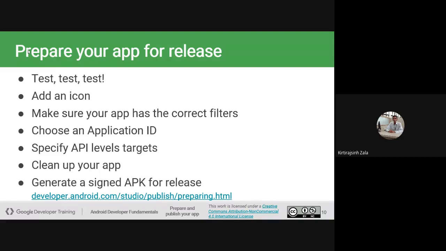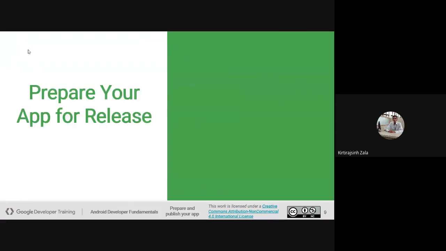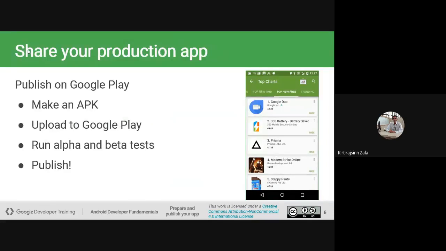Okay, add an icon. Every application needs a certain icon which defines a particular application. Suppose, as you can see in the picture on the right hand side, if you are launching a video calling application, then there has to be a certain icon which defines or justifies that application.